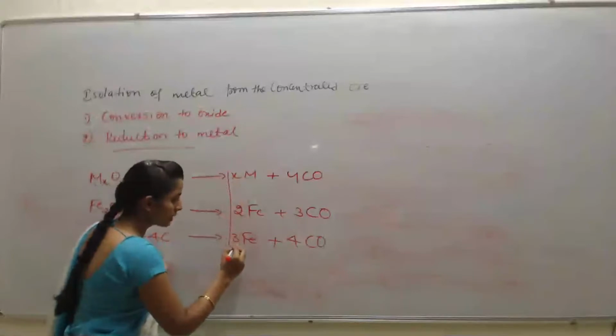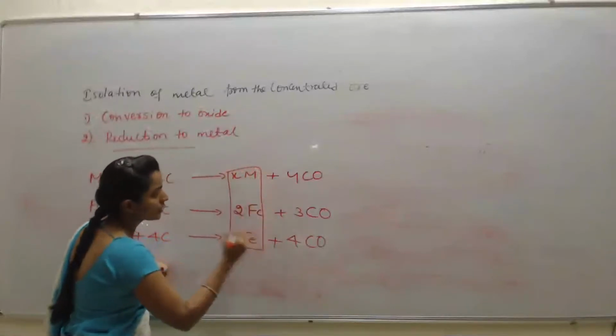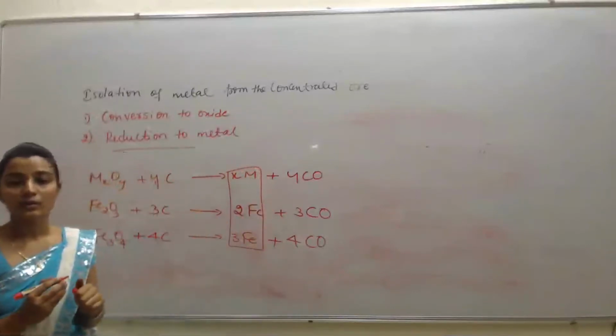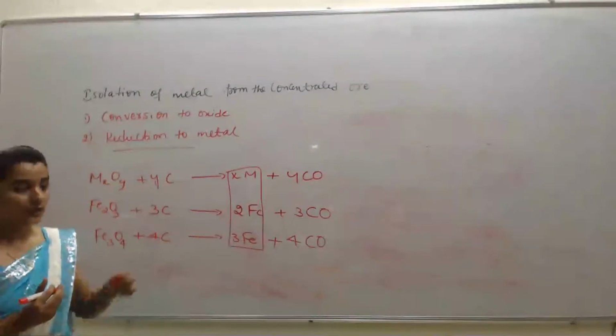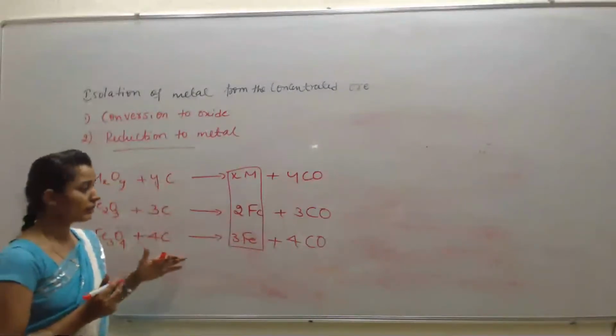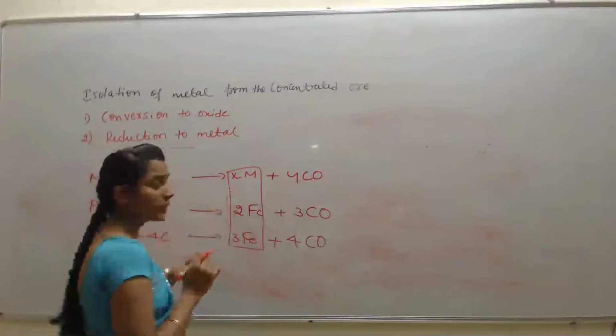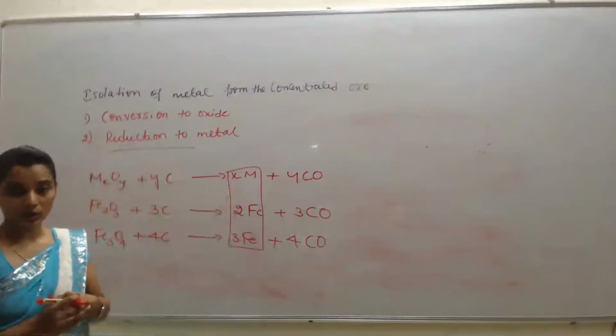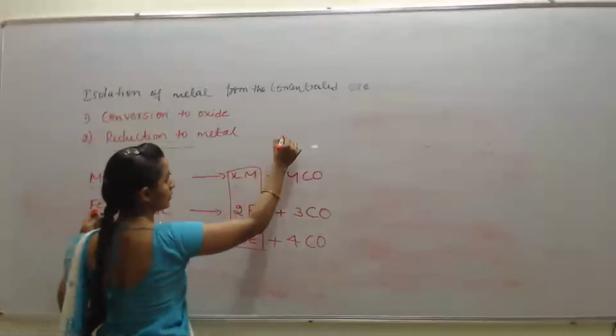Once this metal is isolated, it is subjected to refining methods. Okay, this is the second process, which is somewhat easy for you people to learn. Listen, students, I told you another metal can also be used.